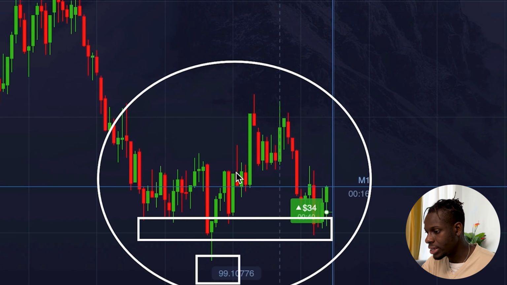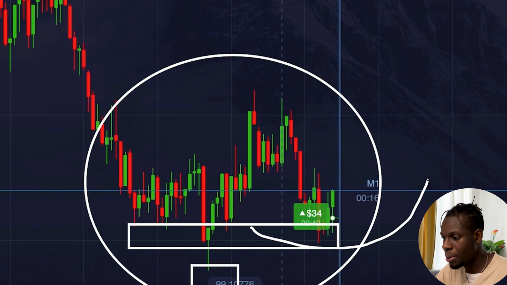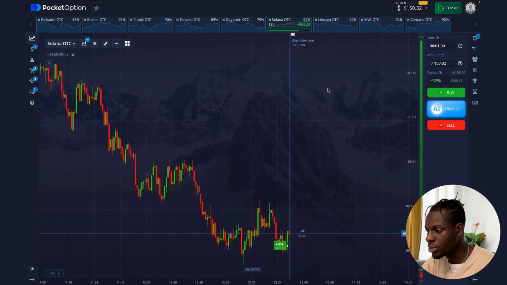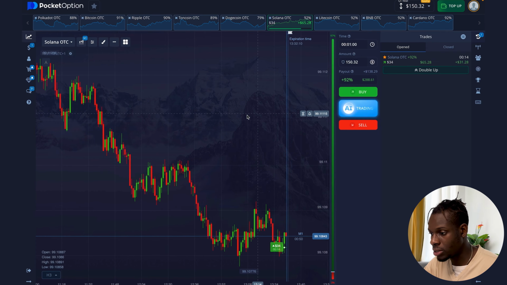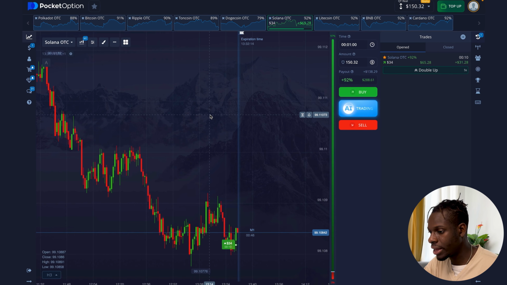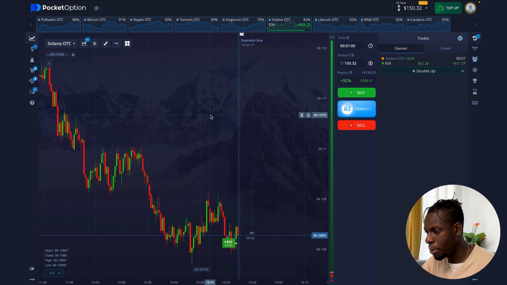Now, right now, we are currently sitting on the area of support again, and we can expect price to push. It's already pushing and showing signals, and that's why I was a bit hesitant, because it can go further down. There is actually a potential for price to keep on going down. But because I saw the signs of the rejections around that area, I took this for a buy.